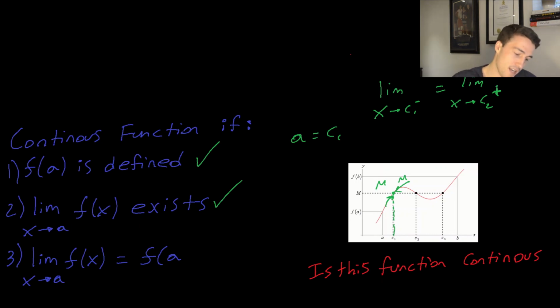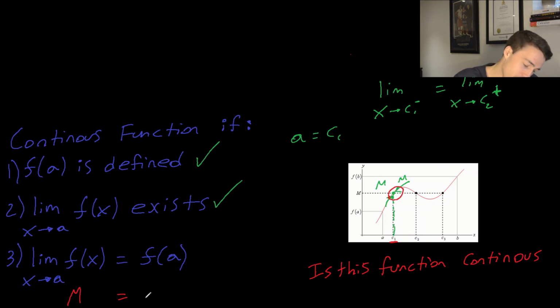So that works. Now the last step here, we have f of a, like the limit as x goes to a of the function equals the value at that x value. So here, we're going to say that, well, as we get close to m, so we have a limit here, and this value would be m. And now if we plug in f of a, which is c1, so we're plugging in f, the function, at c1, what value would we get?